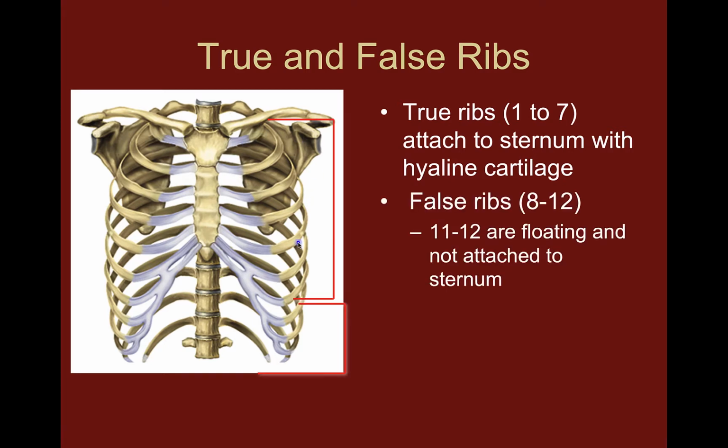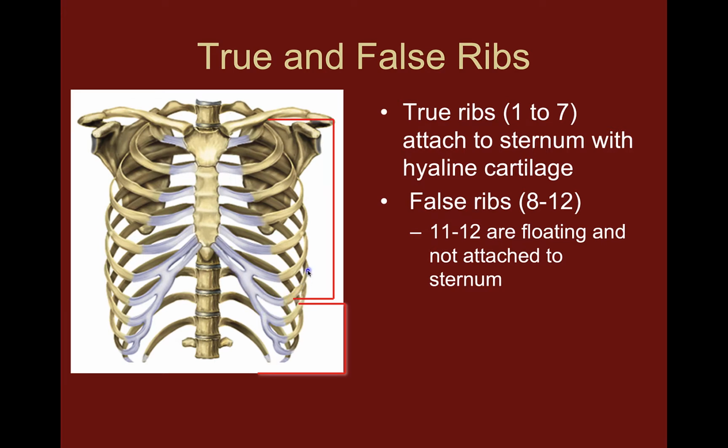False ribs, then, if you look down here, are ribs 8 through 12. 11 and 12 are actually floating ribs and don't even articulate. So you can see 12 here, you can see 11 is coming down here. So those are our floating ribs. With 8, 9, and 10, you can see their cartilage comes up and actually connects to the cartilage of rib 7.